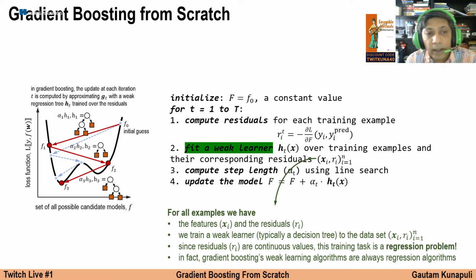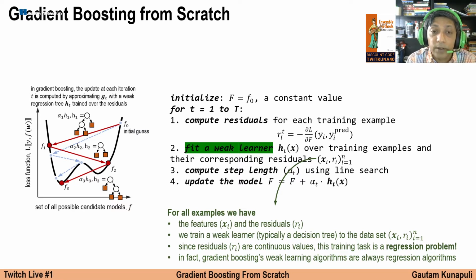The one final thing that everybody should keep in mind when it comes to gradient boosting is that the residuals that you compute for a loss function is going to be a real value, right? It's going to be a real valued number.